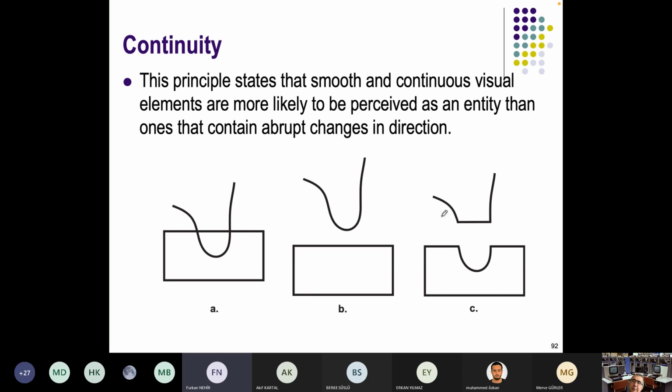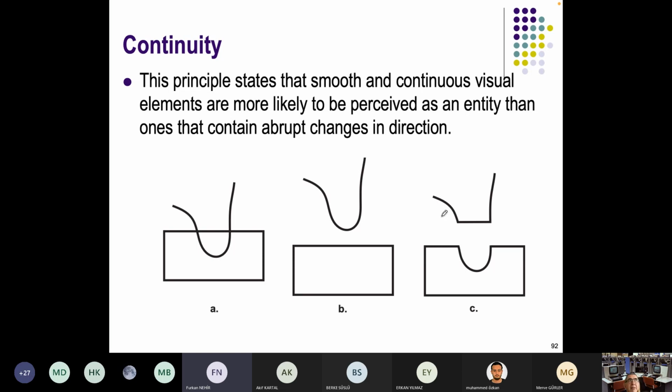Distantly related to similarity, our brain tries to continuate, tries to have continuous lines rather than discrete lines. Abrupt changes are not liked, because in nature, abrupt change is usually associated with broken things and things that are not good.